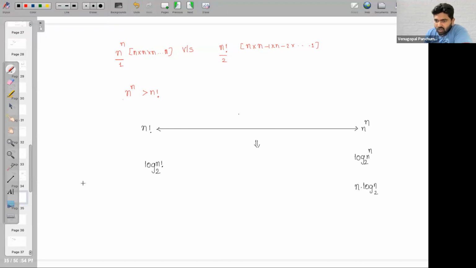So after applying the logarithm, they are going to become almost equal. May not be exactly, but almost equal. Before applying the log, they are very far apart. N factorial is very small compared to n power n.